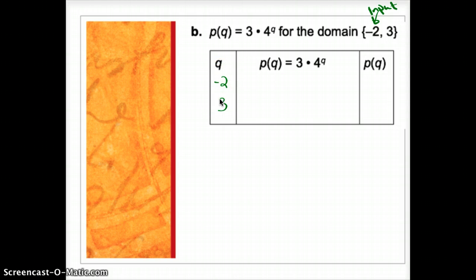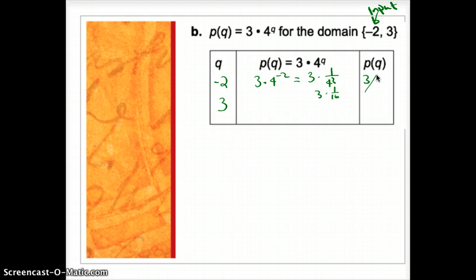So I just drew this second box in the table just so you can see how I'm evaluating it. A lot of times in your table you'll probably only have the 2 columns and not that middle thing. Okay, but P of q would equal 3 times 4 to the -2. So if I was working that out, that's going to be 3 times 1 over 4 squared, or 3 times 1/16.